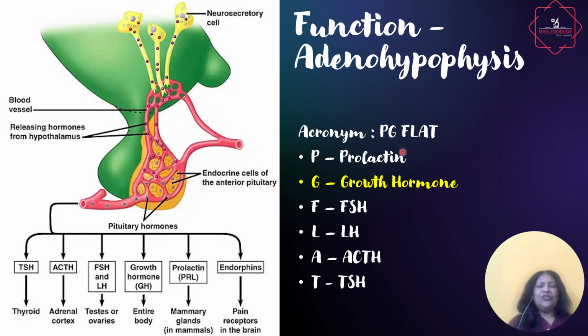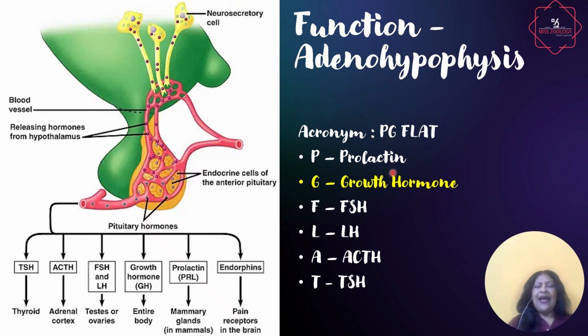In order to connect to this word, you can think when you move out of your station and you have to find out a place for yourself. Either you look for a PG arrangement or a flat. So PG flat, where each of these first letters is for remembering one hormone.